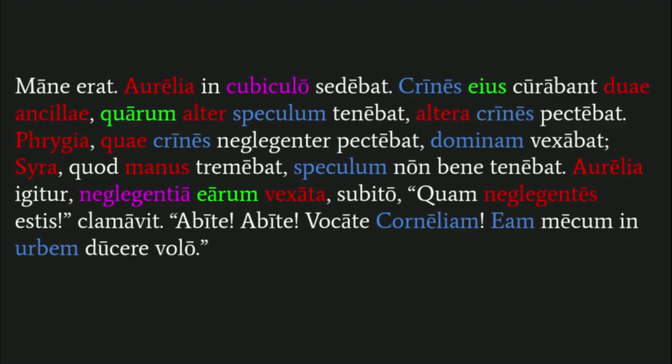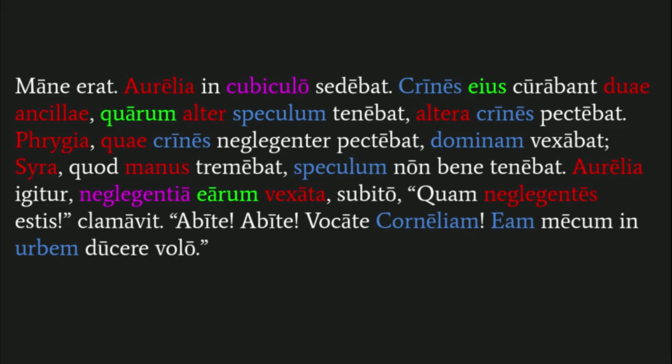Then we have Phrygia, quae crines negligenter pectebat, dominam vexabat. So Phrygia, one of the slave women, right? And again, relative clause here. We have quae to pectebat. Quae is setting off the relative clause. Quae is referring to Phrygia. Again, Phrygia is feminine and singular, so quae is feminine singular.